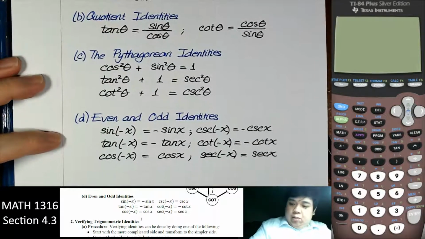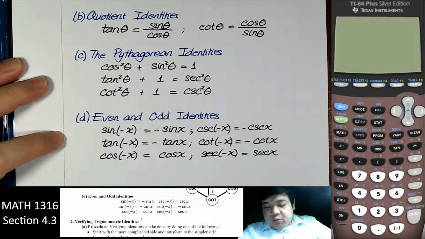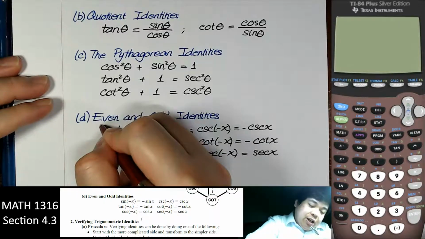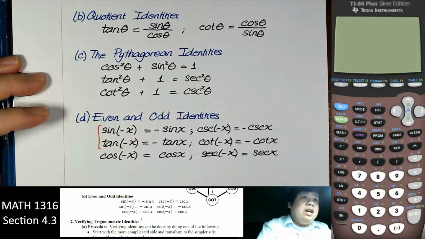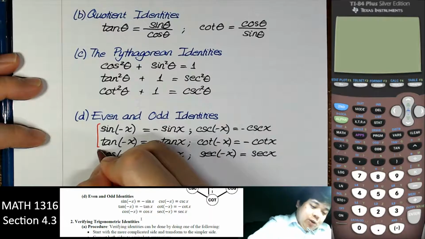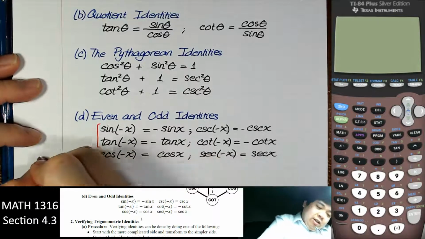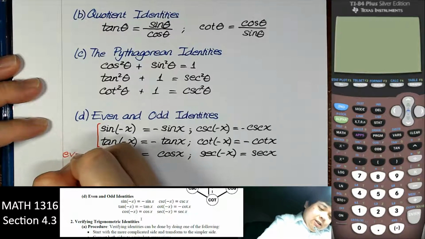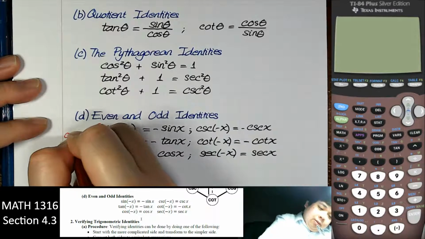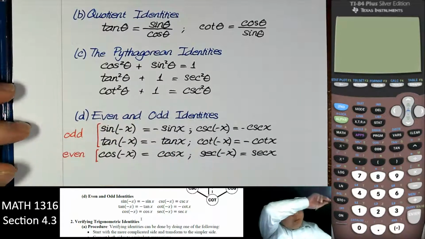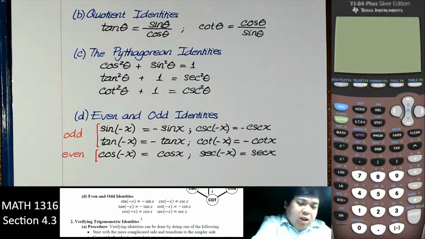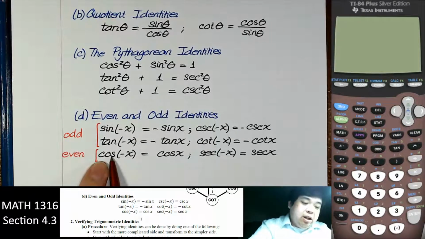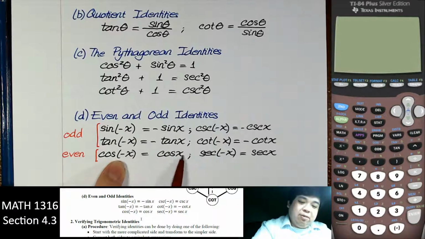So the only thing we need to know is that cosine is even. Cosine and secant are even. The other four functions are odd. So even meaning cosine of negative x or x is still the same.